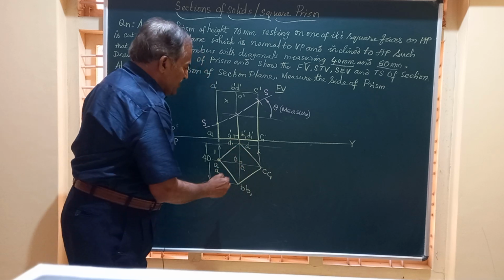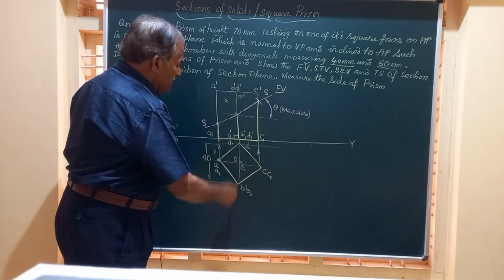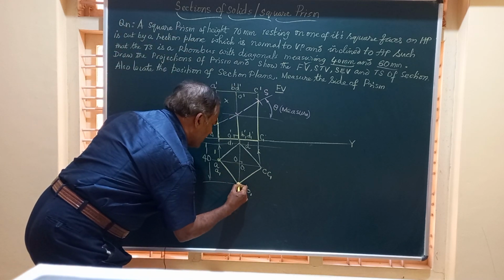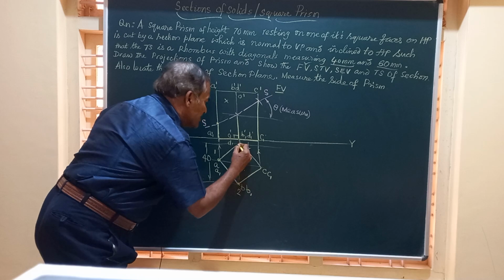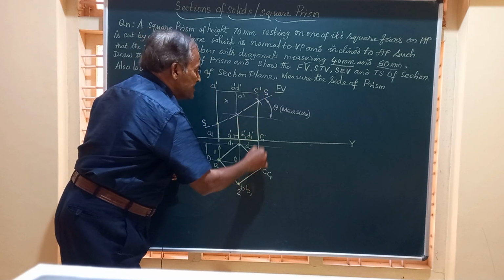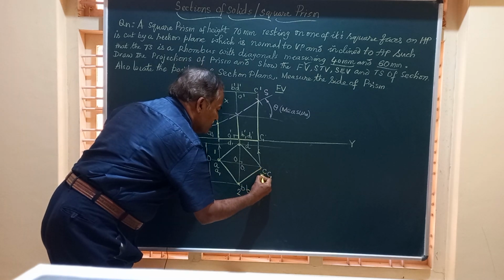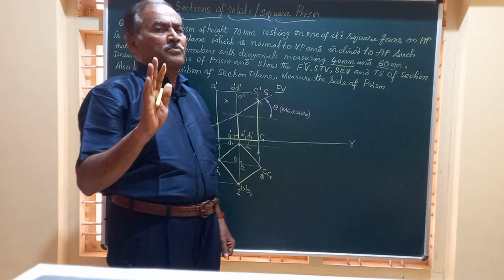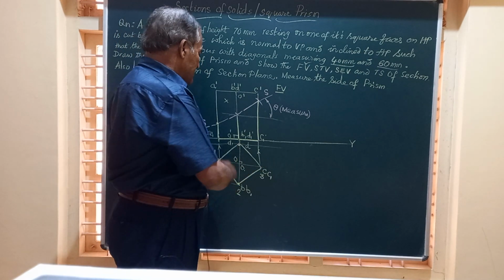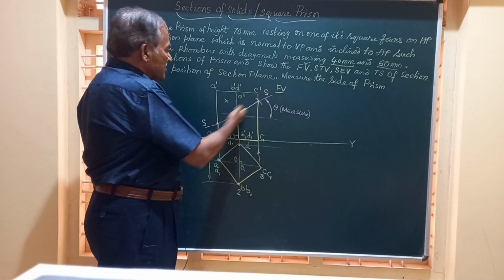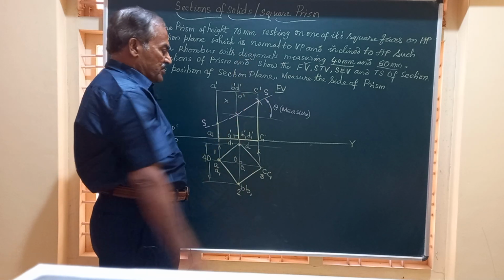So here, BB and DD are cut. So BB point is this and DD is here. So we got 3 points. Finally, the vertical line CC is cut here. This is going to be point 3. Friends, we have got 4 points. That is the 4 corners corresponding to the point where the section plane is cutting the vertical edges.